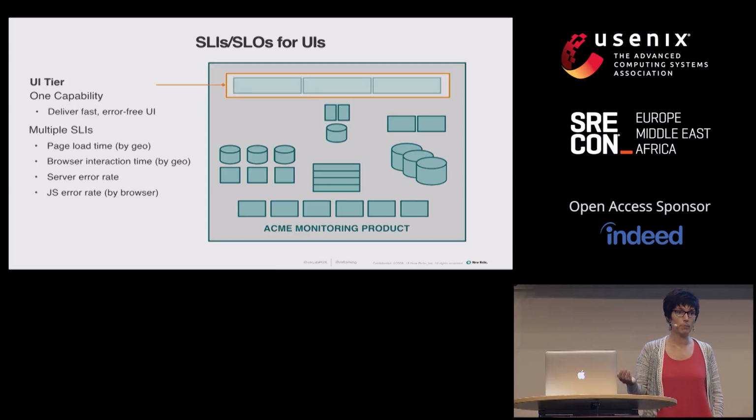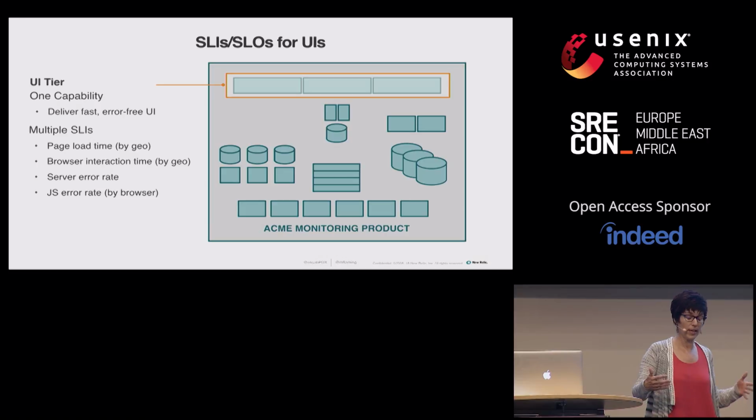So one of the things we can measure is page load time. And similar to server response time, we'll probably want to look at something between the 95th and the 99th percentile, rather than the average. You might also want to set an SLI for different geographies. Since this is a modern web app, it's not just page load time that matters.